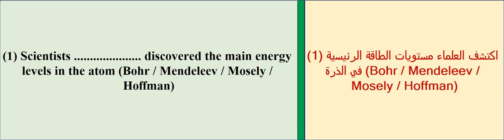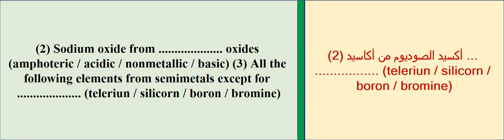Unit Review. 1. Scientists discovered the main energy levels in the atom: Bohr / Mendeleev / Moseley / Hofmann. 2. Sodium oxide from oxides: amphoteric / acidic / nonmetallic / basic. 3.